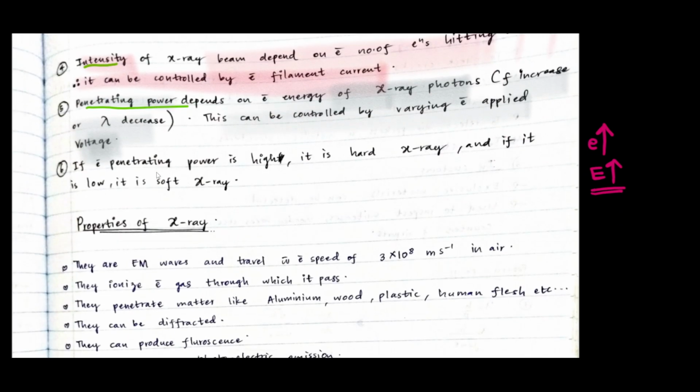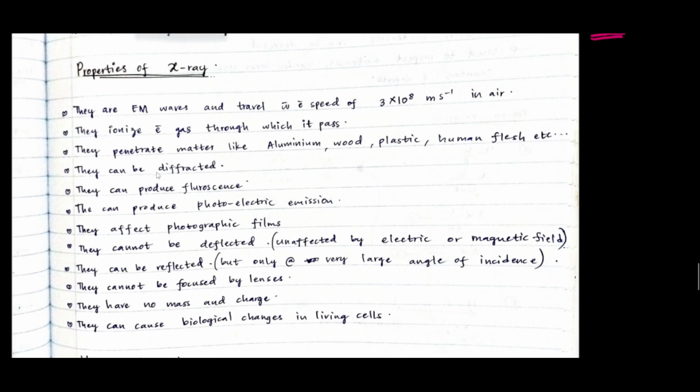If the penetrating power is high, it is hard X-ray, and if it is low, it is soft X-ray. So we have two terms, hard X-ray and soft X-ray, depending on the penetrating power.